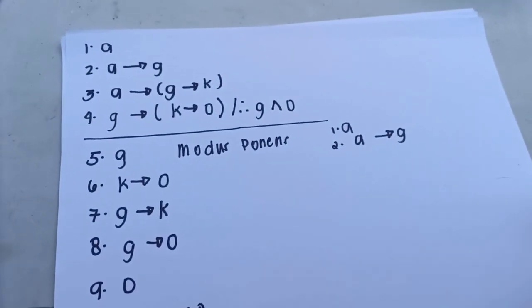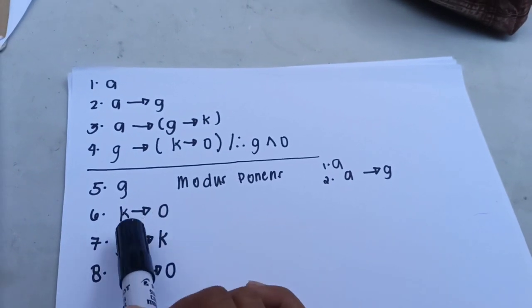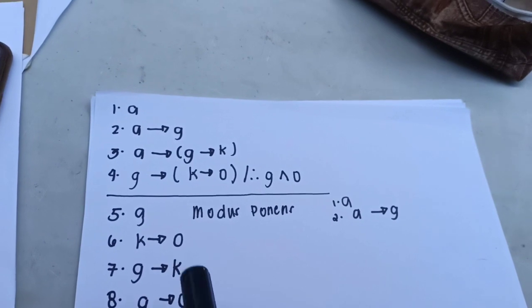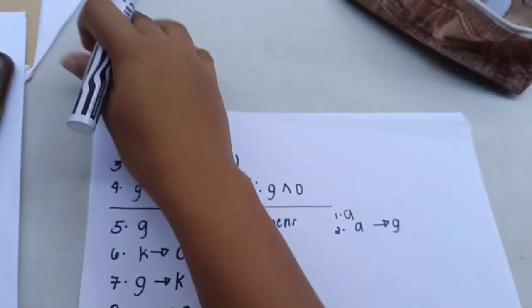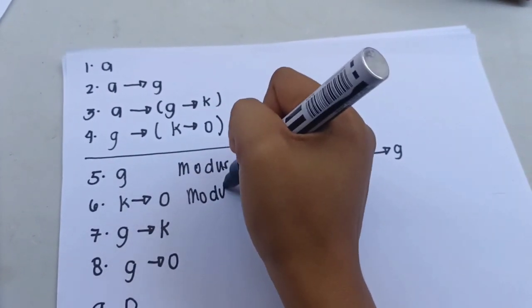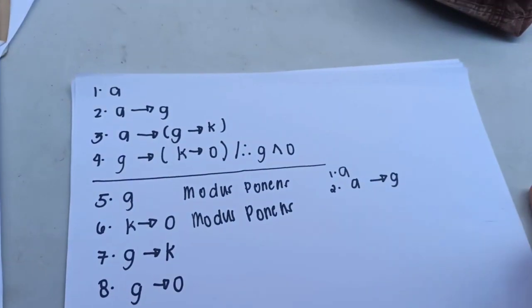So, let's proceed to number 6. K implies O. So, it is a conditional statement also. So, the rule we use here is modus ponens again. So, paano na naman naging modus ponens ito?